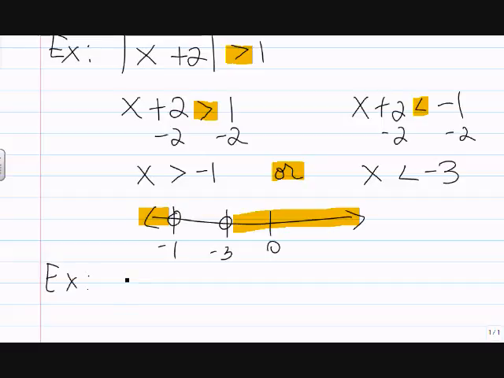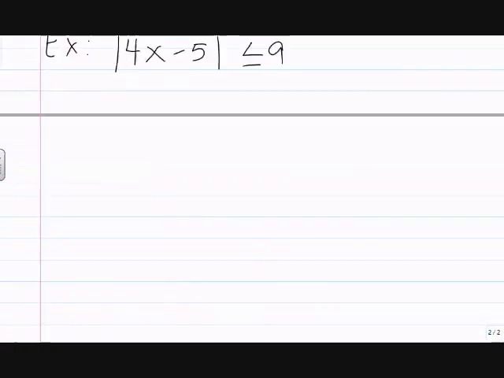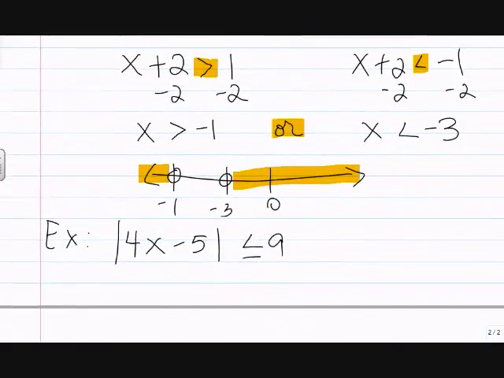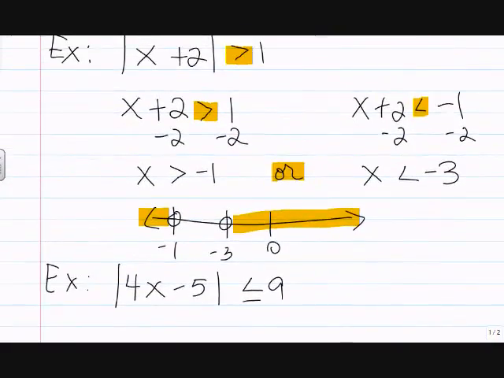So we'll have the absolute value of 4x minus 5 is less than or equal to 9. Okay, so this one has the inequality pointing the other direction. So let's see what goes with that.